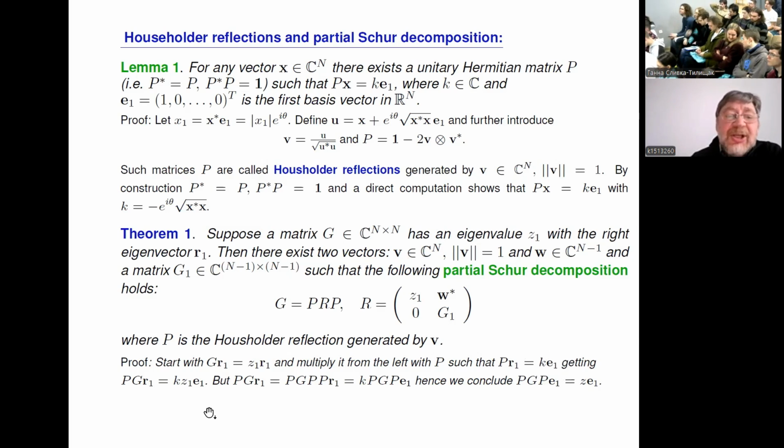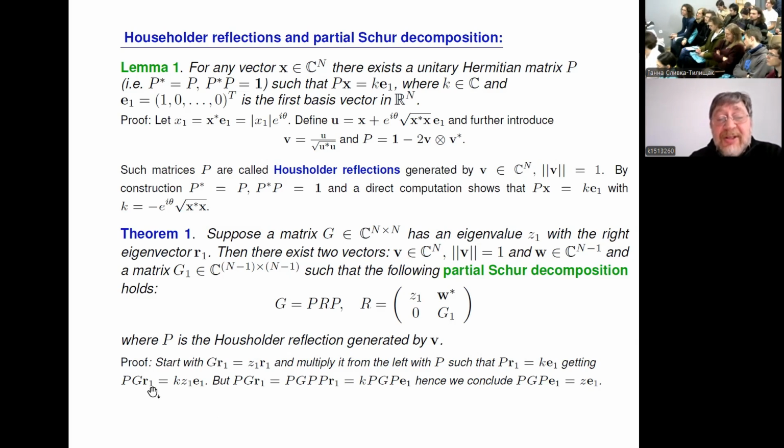So let us take such a Householder reflection and multiply our right eigenproblem from the left with such a Householder matrix. Using this property, we immediately see that we come to such an equation.